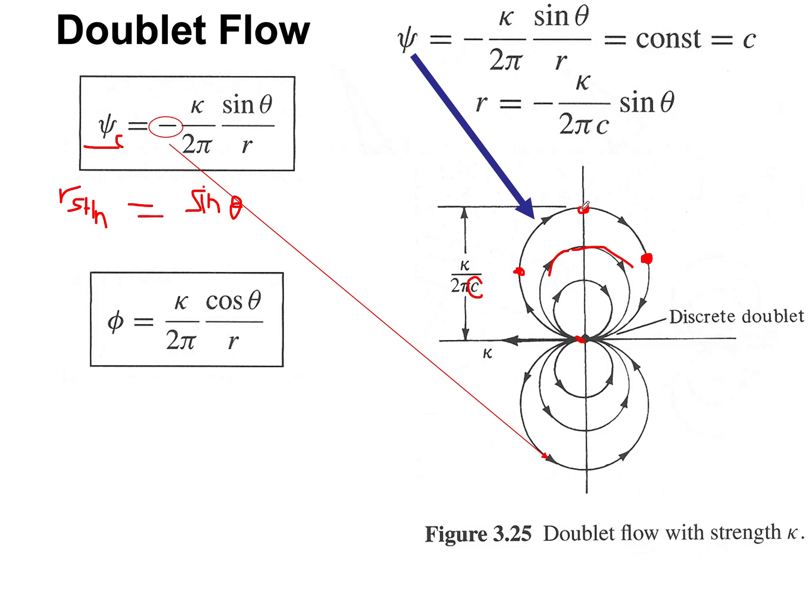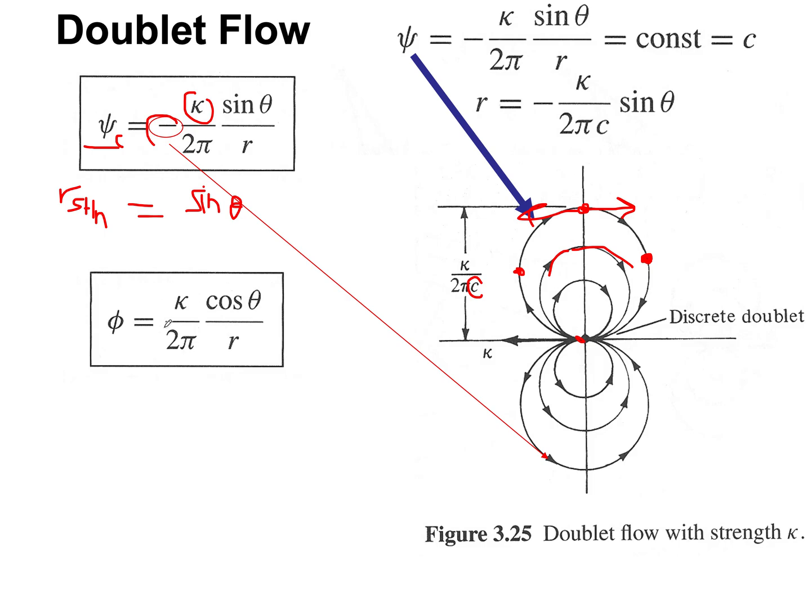You'll see that when you have a minus sign, for positive kappa your V theta is going to be positive, so you're going to get a clockwise rotation, and when kappa is negative, you're going to get a counterclockwise rotating doublet. And this thing is symmetric top and bottom.